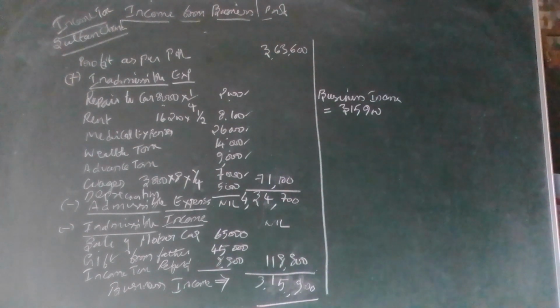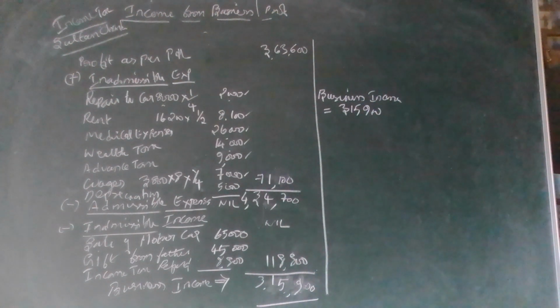Then the next item is depreciation to the motor car. Refer to the previous point. Depreciation to the motor car comes to 5,000. It is sold off in the same year of purchase. That's why it is inadmissible. Please understand the difference between this point and the previous point. For repairs to motor car, 1/4 is inadmissible because it is personal in nature, 1/4 being used for personal purposes.